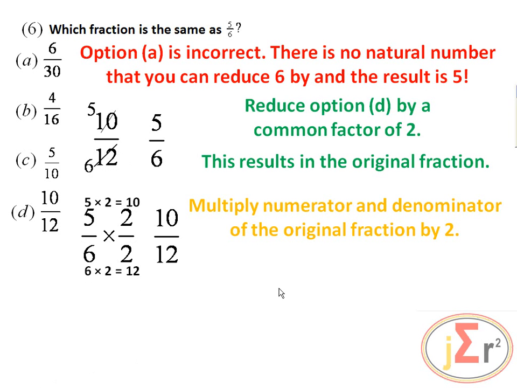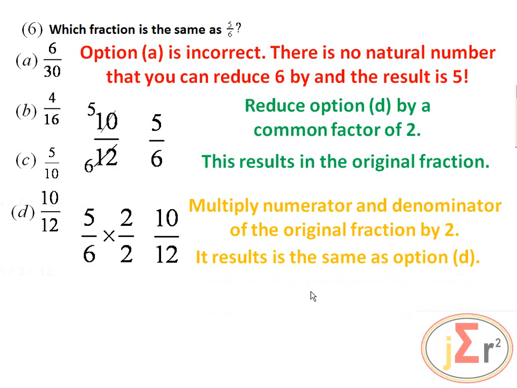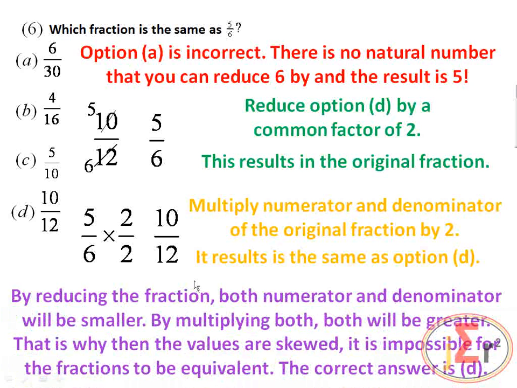The result that we get is a fraction that is in option D. By reducing the fraction, both numerator and denominator will be smaller. So that is the question that we were trying to figure out earlier on.